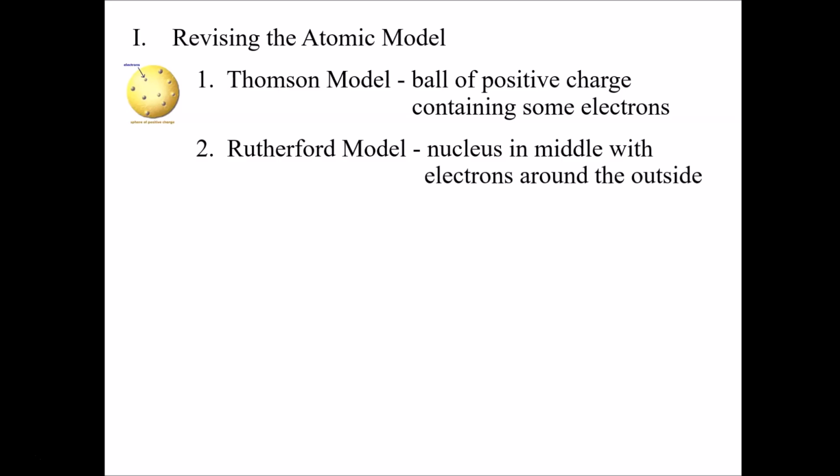And so after Ernest Rutherford did his famous experiment, then our idea of what the inside of the atom looked like changed. And we thought it looked more like this. So we have this much smaller ball of positive charges, that would be the nucleus. And then the electrons are not stuck to anything. They are just floating around the outside.